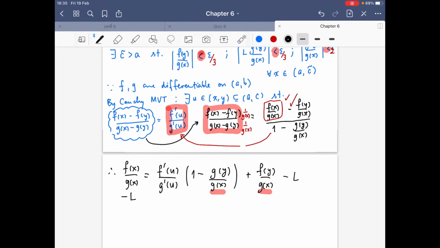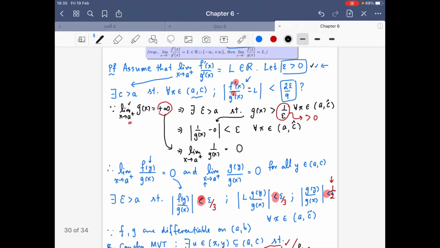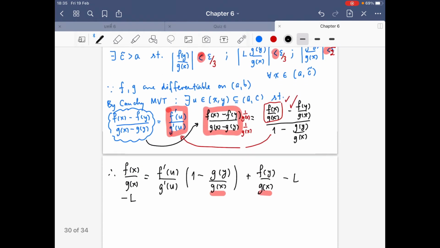However, if you just keep it like that it will be a little more difficult, because what you have is the difference between L and f prime over g prime. So you need to really combine the L with f prime and g prime.